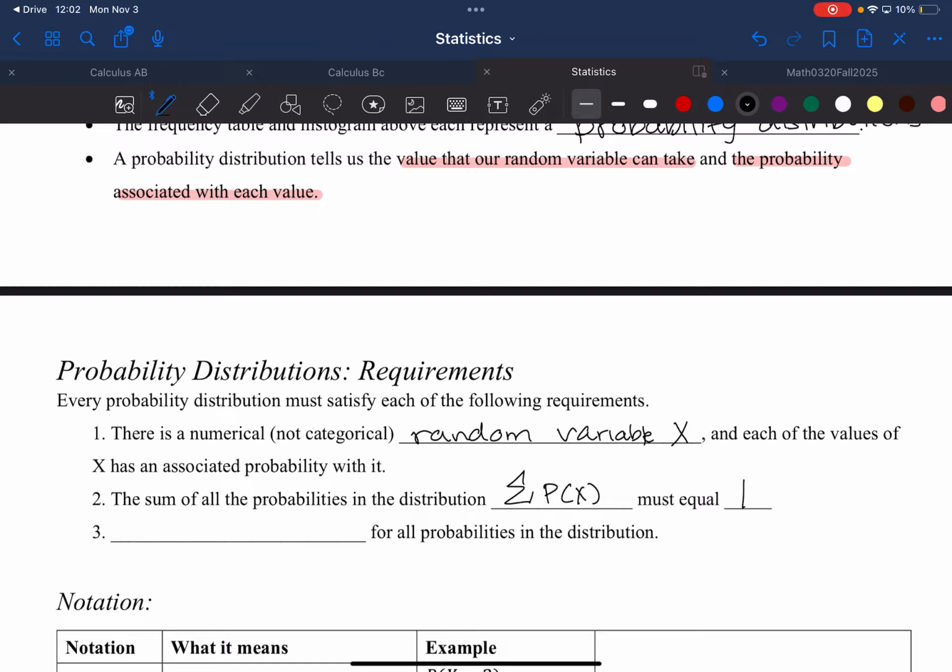Which tells us that each individual probability within the probability distribution has to be between 0 and 1. Makes sense, because if we were to add up all the individual probabilities, we know it has to equal 1. So our individual ones, just like from the coin toss one, were all less than 1. 1/8, 3/8, etc. are all smaller than 1.